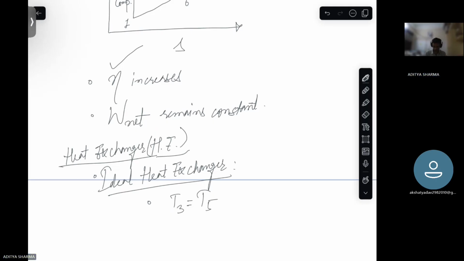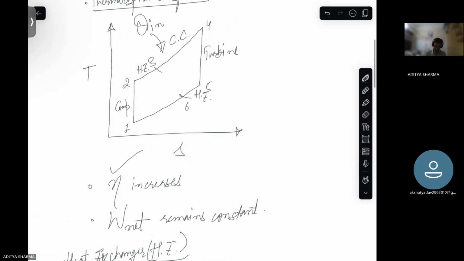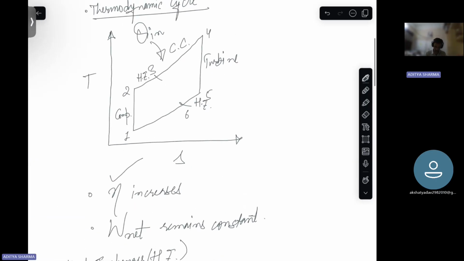First is T3 equals T5. Second is T6 equals T2. So this temperature and this temperature, this temperature and this temperature are equal in case your heat exchanger is ideal.